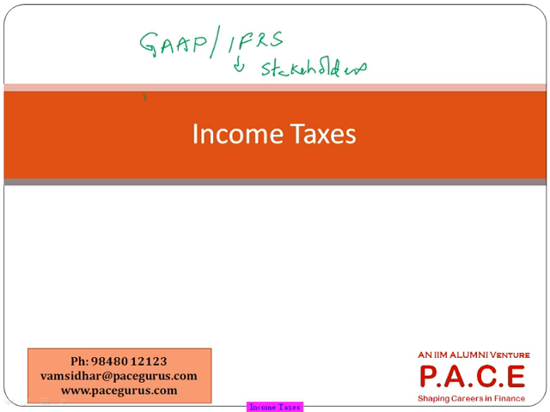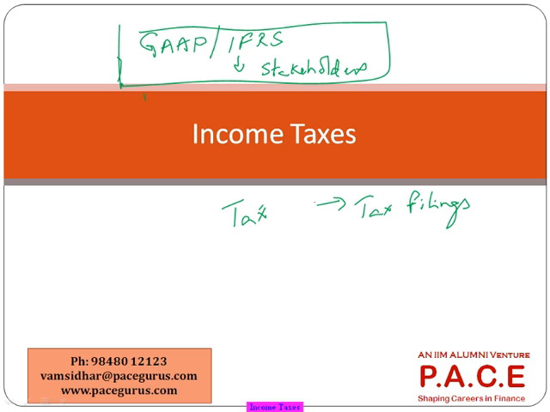Whereas from a company's standpoint, it has to create another set of financial statements from a tax standpoint, which is a tax filing. For filing your taxes, another set of financial statements have to be created, where there are some differences between these financial statements, which are as per GAAP and IFRS, and those prepared as per IRS, a tax filing system.